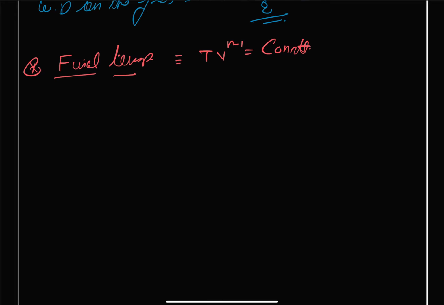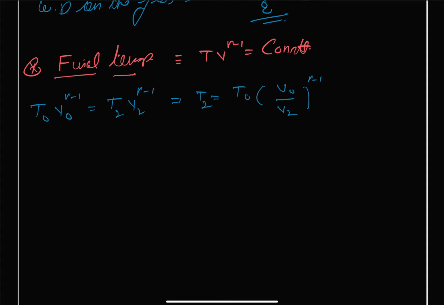Therefore we can write T naught V naught gamma minus 1 is equal to T2 V2 gamma minus 1. And from here we can write our T2 is equal to T naught V naught upon V2, and we have this as gamma minus 1.